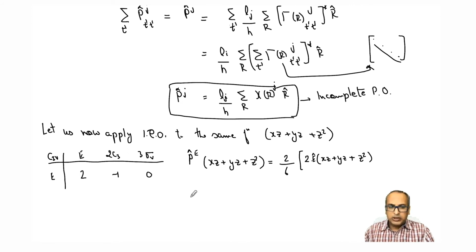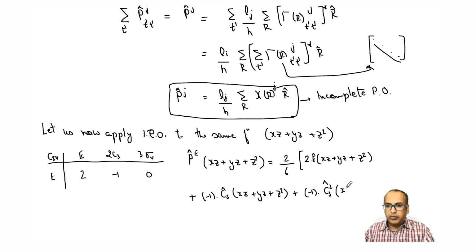So we have minus 1, which is the character under C3, and the effect of operation C3 on xz plus yz plus z square. Again minus 1, which is the character under C3 square, so we have the C3 square operator on xz plus yz plus z square.